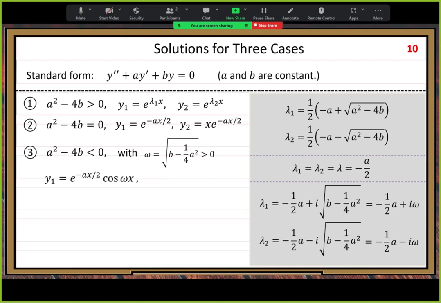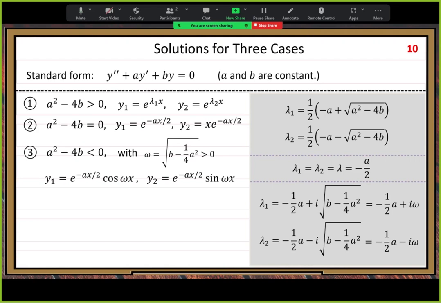That's the first solution. Second, we use sine. Is it interesting? We know cosine and sine are very good functions, right? Here, when we see complex roots, we use sine and cosine.